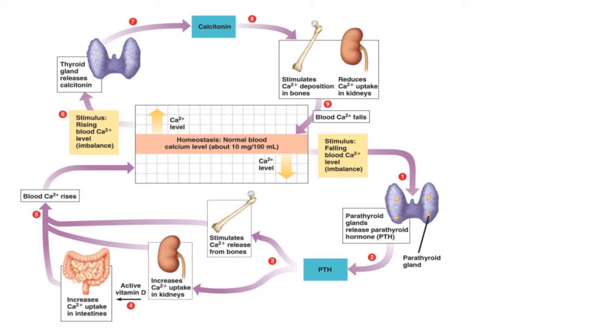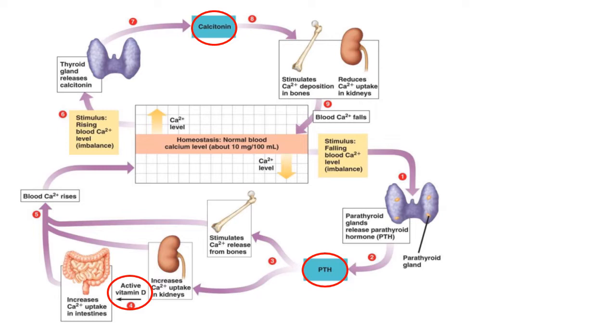The primary source of calcium for humans is diet, and in case your calcium level falls in the body, the primary mover, the primary hormone which starts going up is the parathormone or the parathyroid hormone secreted by the parathyroid glands.